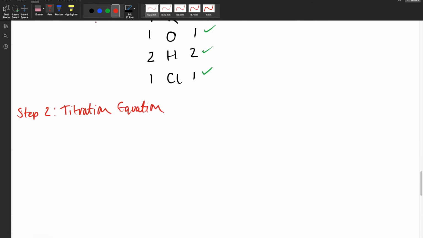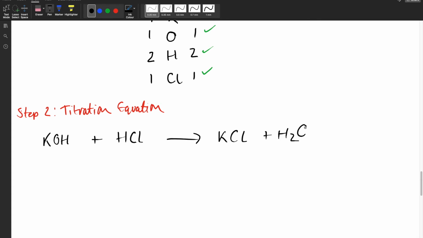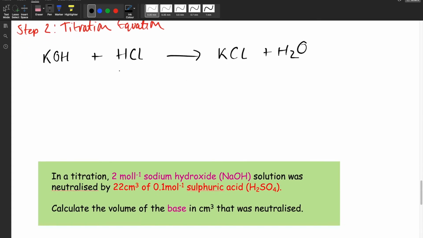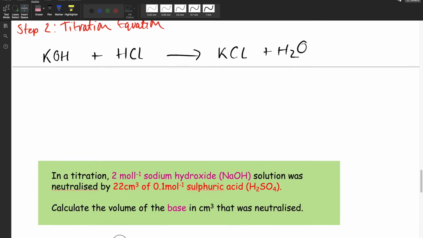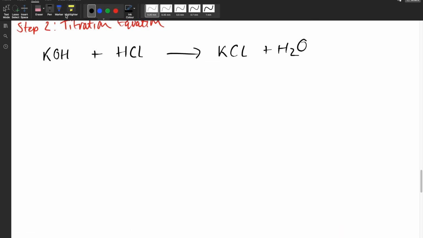So let's write out our full equation again, just so we don't get ourselves confused. So it's KOH plus HCl gives us KCl plus H2O. Now I'm going to give myself quite a bit more room here. Again, I'm going to draw my nice line down the middle that will separate what's going on here with our titration equation, and we're going to write down here all the things we know.